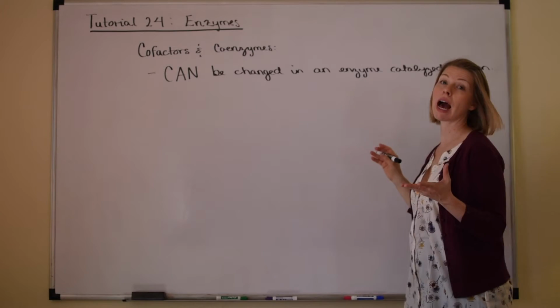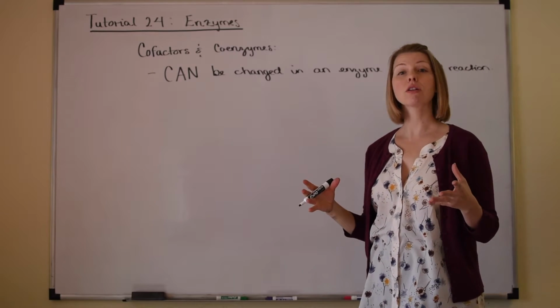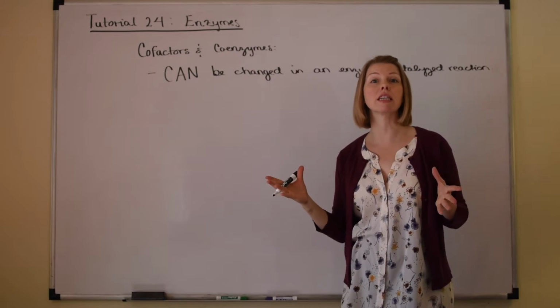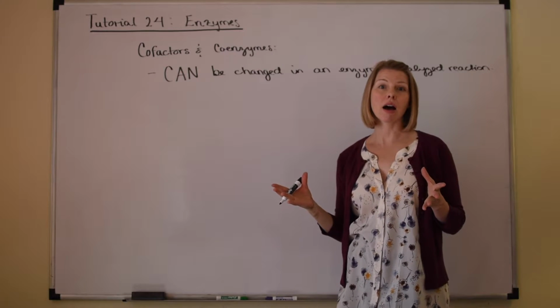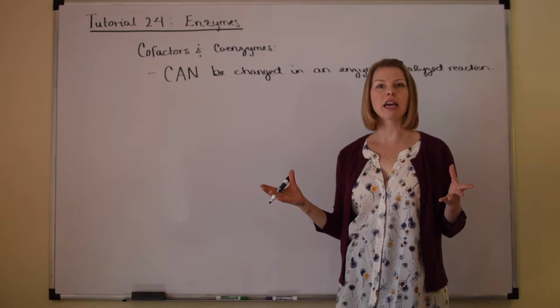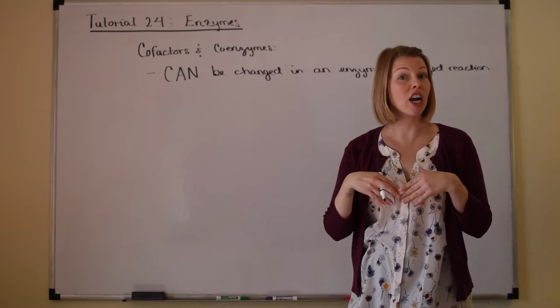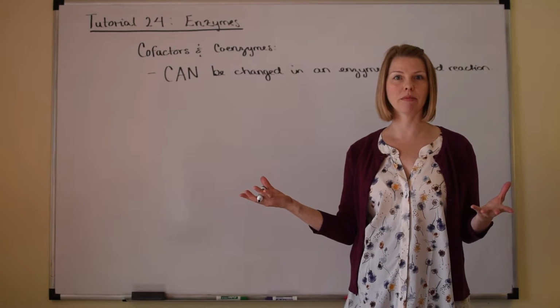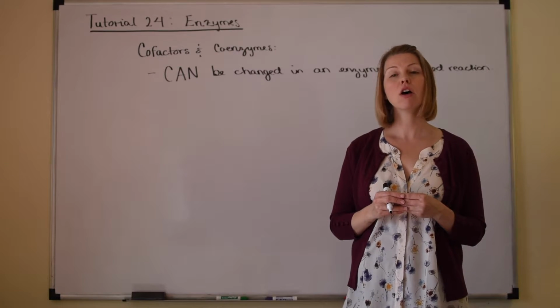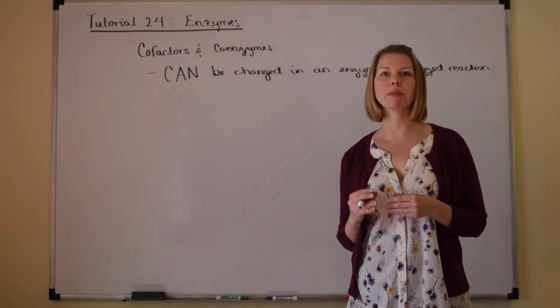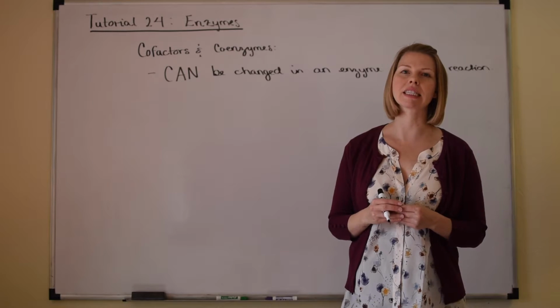So you can see how these cofactors can really lead to more diversity for the enzyme. For example, if the enzyme is responsible for catalyzing an oxidation reaction, the substrate's going to get oxidized. We know that in order for something to be oxidized, something has to get reduced.